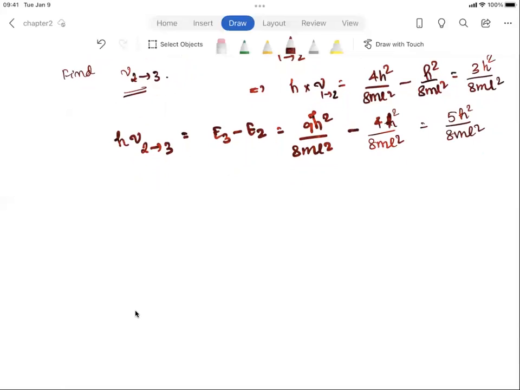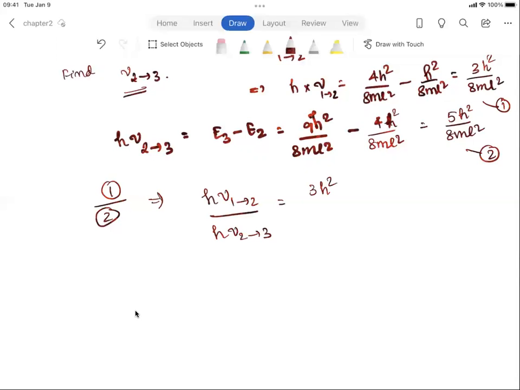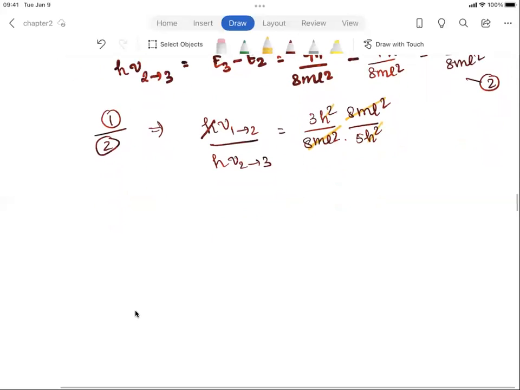So what I can do is, if I call this equation 1 and this equation 2, I'm just going to divide equations 1 and 2. That will give me h nu 1 to 2 over h nu 2 to 3 to be 3 h squared over 8 m L squared over 5 h squared over 8 m L squared. This gets cancelled, h squared gets cancelled, h gets cancelled.